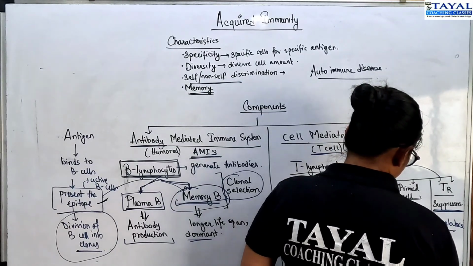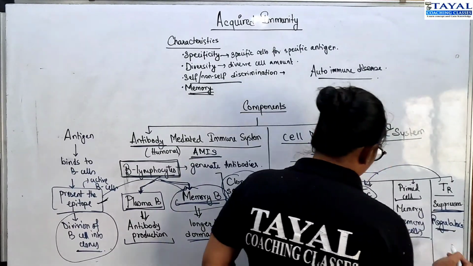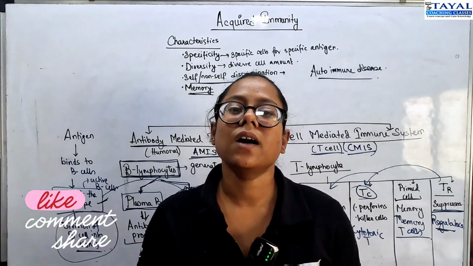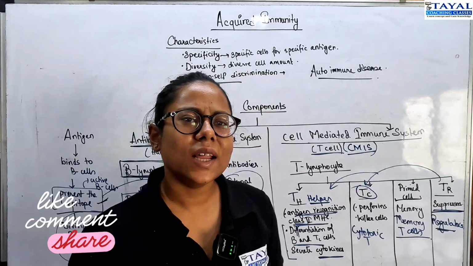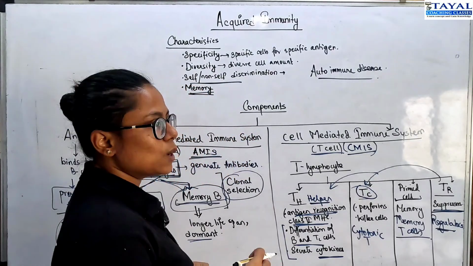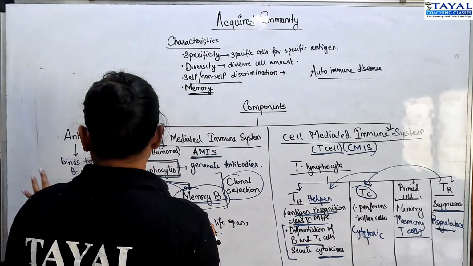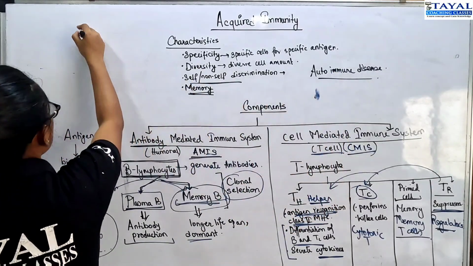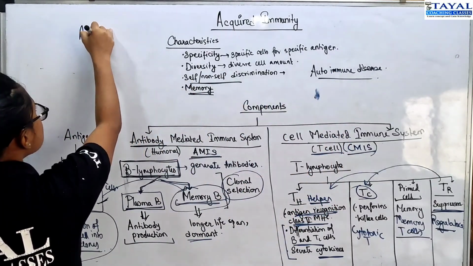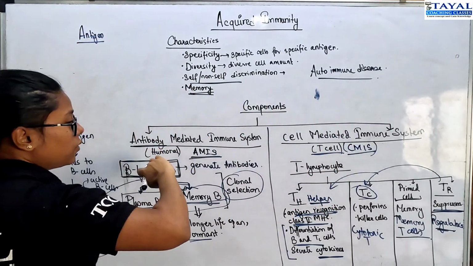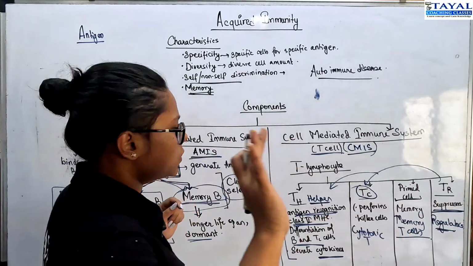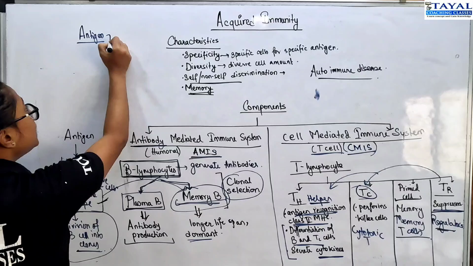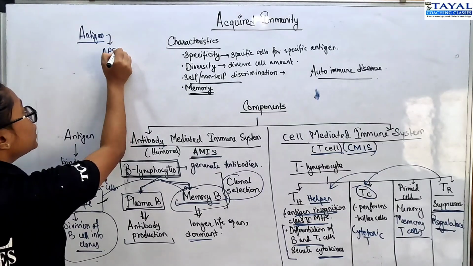Okay. Now, when we talk about these cells loosely, one after the other, it's difficult to understand how they work together, right? So let's try and have an example of how they work together. So, when an antigen enters the system, after having crossed the innate system, and we are only talking about acquired here, the antigen gets presented by different APCs.